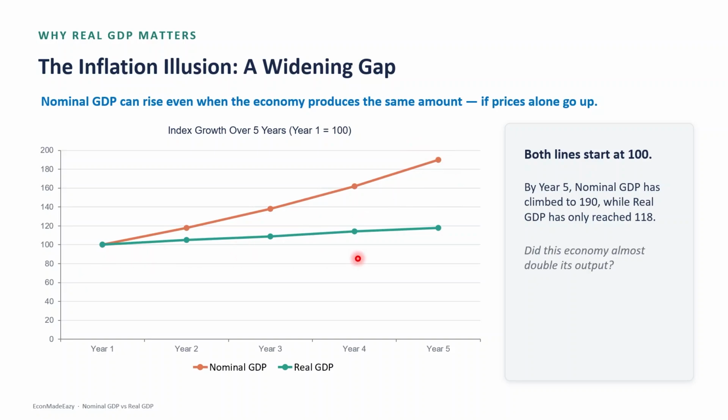However, real GDP reaches only 118, which tells us that actual production has increased by just 18%. The widening gap between the two lines reflects rising prices. In other words, much of the increase in nominal GDP is due to inflation, not an increase in real output. This is why economists rely on real GDP to measure true economic growth.